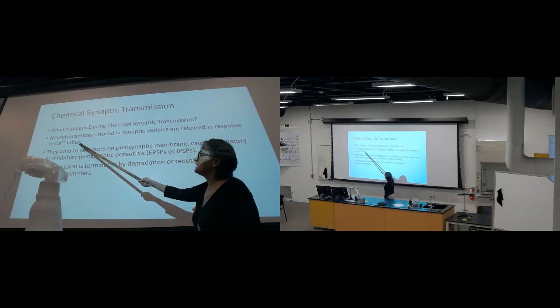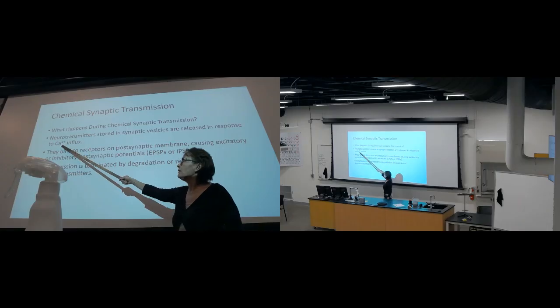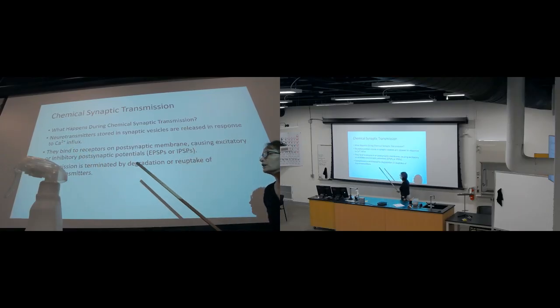So, I told you this before, in the synaptic terminals, we have calcium channels that open to receive calcium, and then you can release these neurotransmitters. And depending on the neurotransmitter that you release, in your postsynaptic cell, you will have an excitatory or an inhibitory postsynaptic potential.